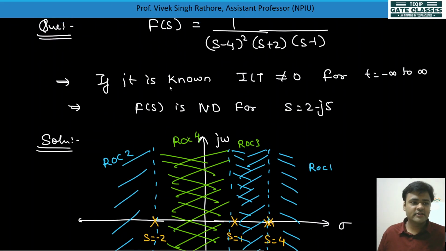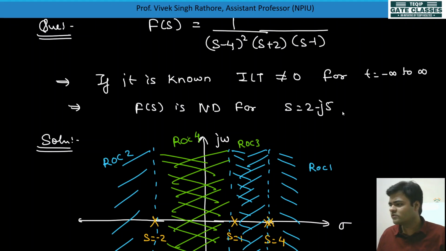Now the condition is, if it is known that the inverse Laplace transform is non-zero for t from minus infinity to infinity: if a signal is equal to 0 for t from minus infinity to 0, it is a right hand sided signal. If a signal is 0 for t from 0 to infinity, then it is a left sided signal.